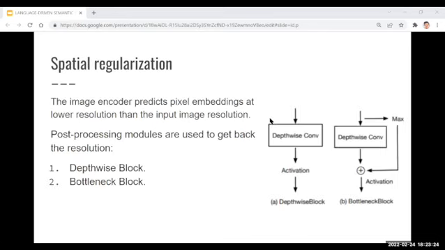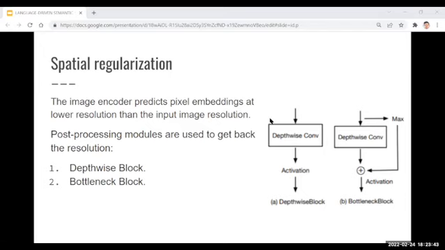After doing all this, there is one problem. Due to memory constraints, the image encoder predicts pixel embeddings of lower resolution than the input image resolution, right?